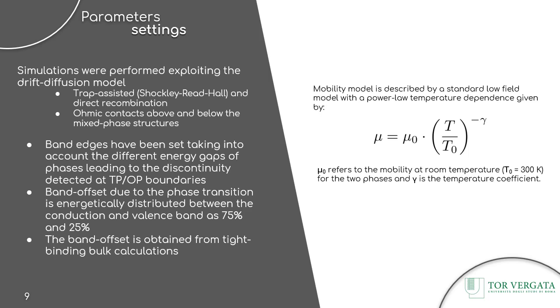Band offset due to the phase transition, obtained by tight binding calculations, is energetically distributed as 75% on the conduction band and 25% on the valence band. The mobility model is described by the following formula, with a low field model with a power law temperature dependence, where μ0 refers to the mobility at room temperature for the two phases and gamma is the temperature coefficient.